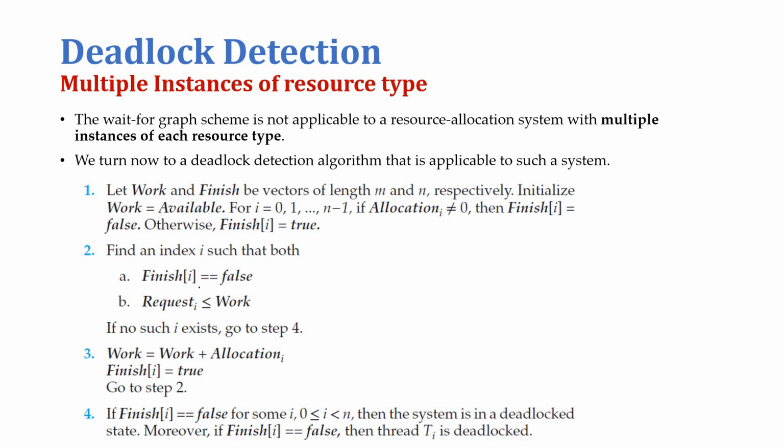If both conditions are satisfied, the third step is executed. Finally, we check whether all Finish[i] equal true, which means the system is in no deadlock. If any process i has Finish[i] equal to false, we conclude there is a deadlock for that process.